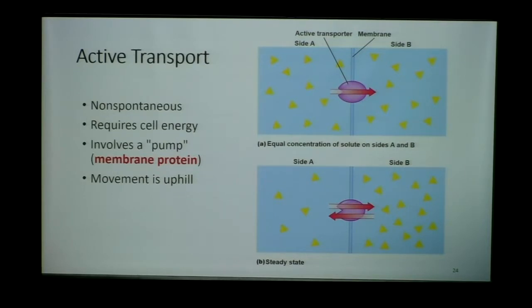Now, should that happen if we don't have a concentration gradient? No, right? Nothing should be moving if we don't have a concentration gradient. But because of this protein, because of this active pump, we use energy or harness energy, and we actively pump molecules from one side to the other, which would not ordinarily take place because there is no concentration gradient.